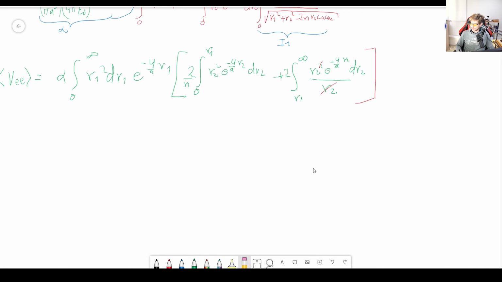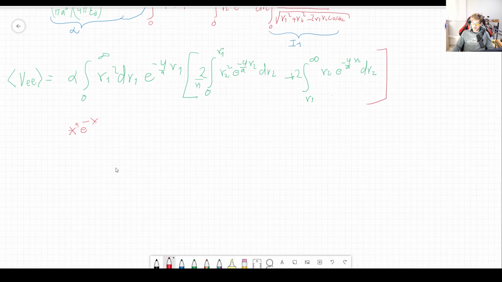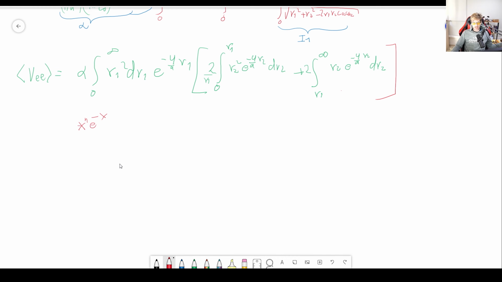And I'm going to clean up notation here as well. So as you can see, this integral is kind of the form x to the n e to the minus x, maybe let's call it. We have seen such integrals very often before, and we should know how to deal with them. Unfortunately, usually when we encounter them, we have them from 0 to infinity, and now we have them from 0 to r1 and r1 to infinity.